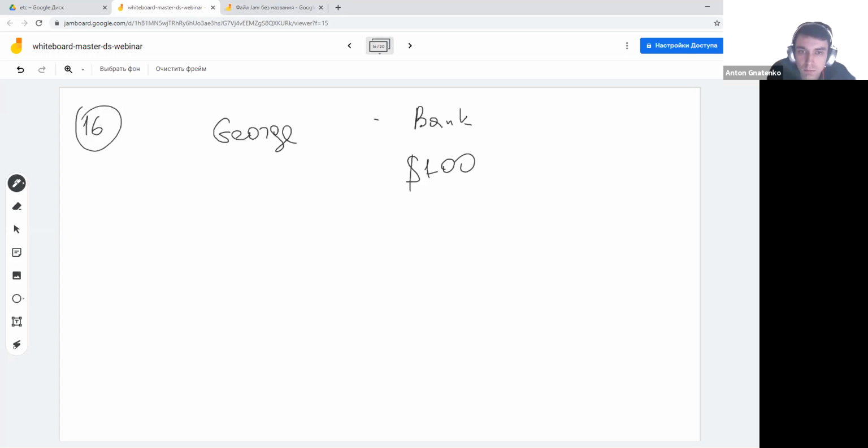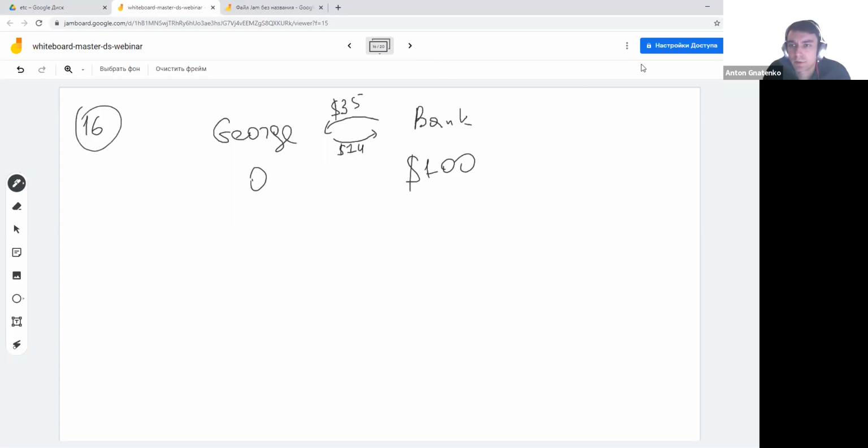He can either withdraw $35 or he can put to his account $14. He currently has 0. In the bank, he has 100. The question is, what is the maximal sum that he can take from the bank using only these 2 operations?